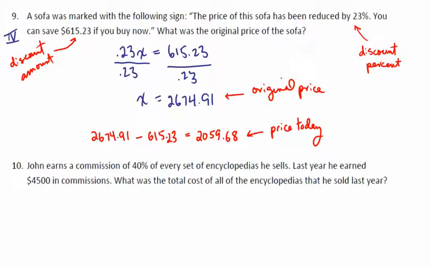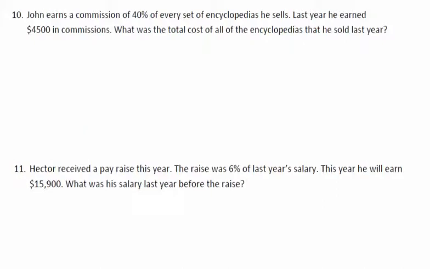Okay, if we go on to the next. John earns a commission of 40% of every set of encyclopedias he sells. So he gets 40%, remember that's 0.4, times all of the money that he sells in encyclopedias.